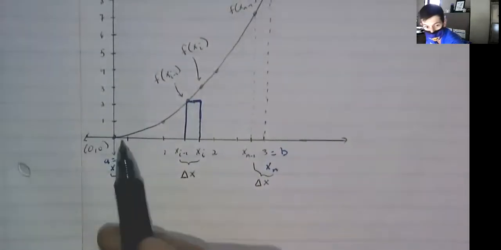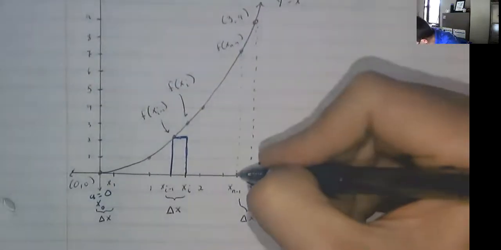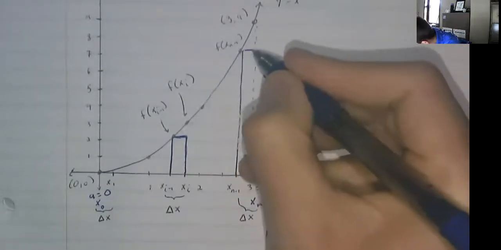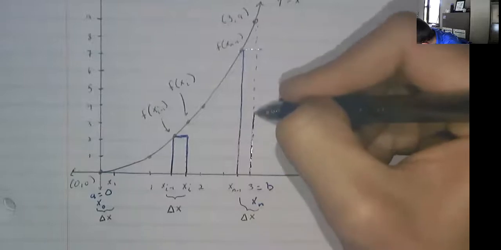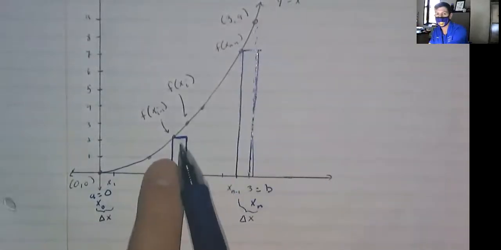And that would start from the very first rectangle and go all the way to our final nth rectangle. We're always choosing this minimum value, which in this case will always be the left hand of our interval.